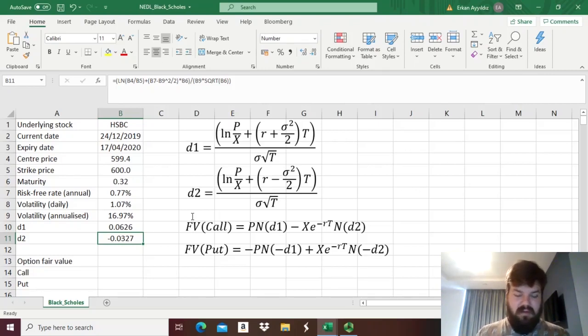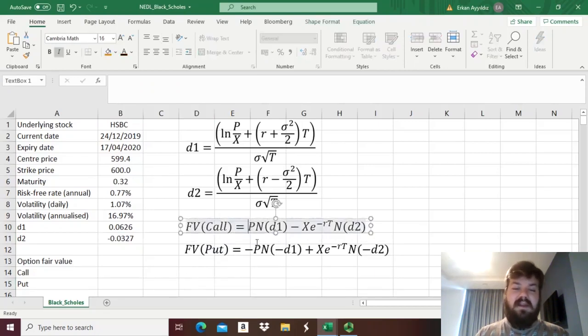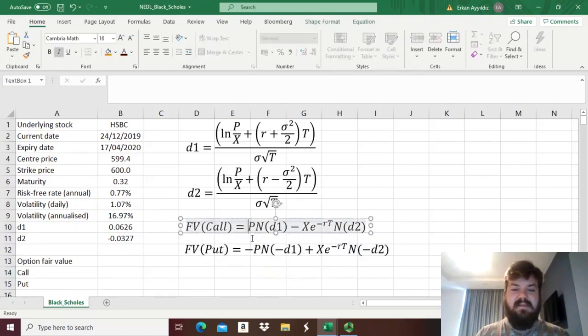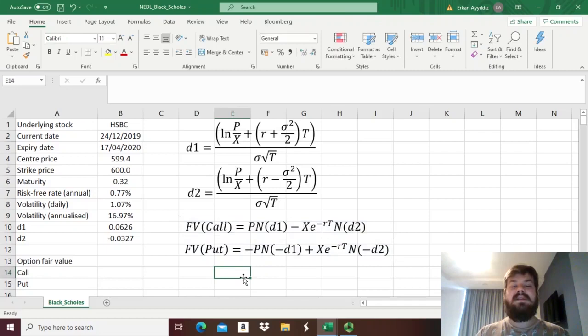Now, given all of those inputs, we can just plug D1 and D2 into our fair value formulas. That can help us derive the fair values of both calls and puts. And here we can see that those formulas, again, are very similar, and the only difference is the signs. Well, why is it so?